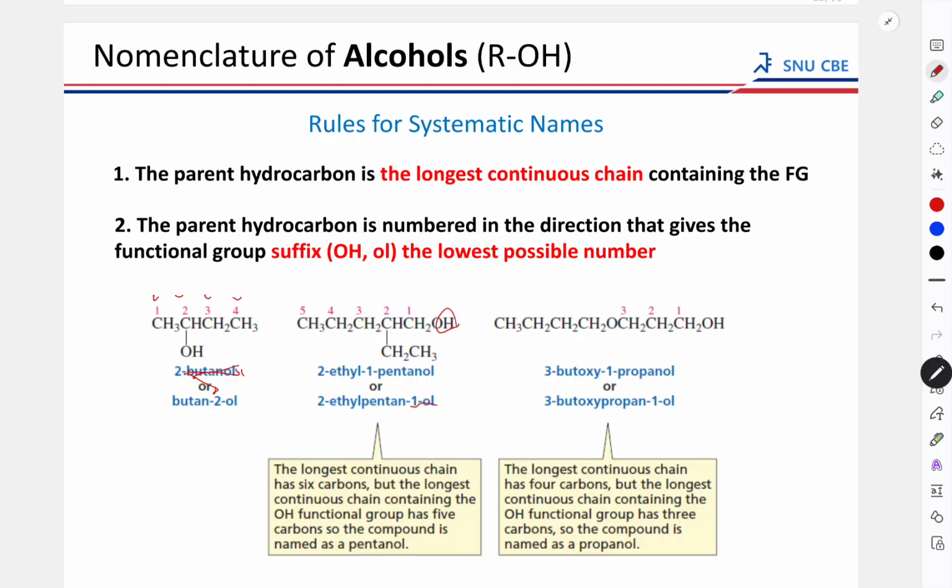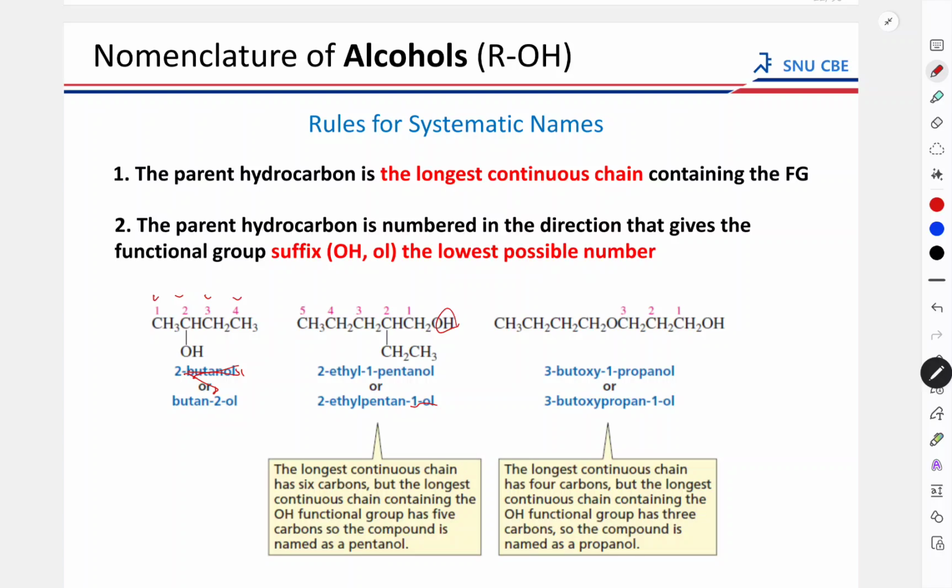That's why you shouldn't pick this one as number 1, and this carbon become number 5, which is not correct. So number 1 carbon is attached to the OH group, number 2 carbon is attached to the ethyl. Just put together, you can name it 2-ethyl-1-pentanol. So you have the ethyl group at 2 carbon and the alcohol OH group at 1.